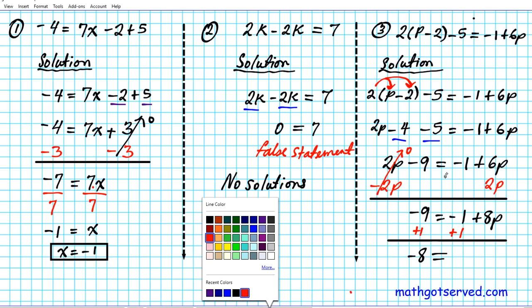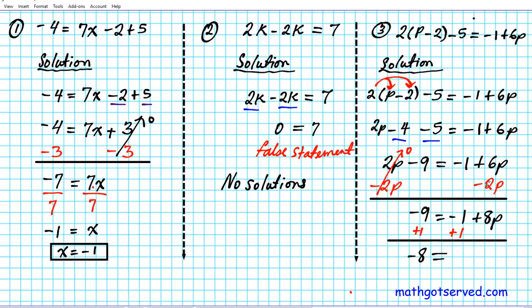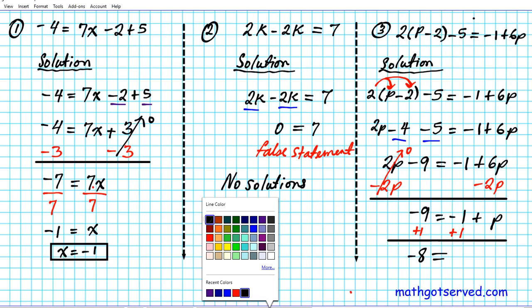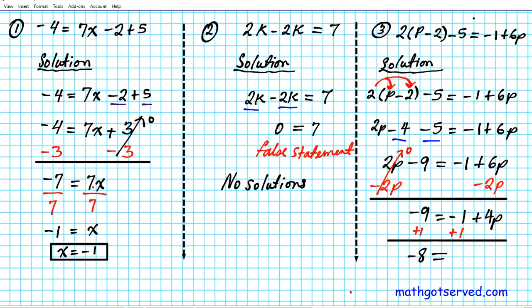This is supposed to be minus 2p. So we have 6p minus 2p. 6 minus 2 is 4. So let's change that to positive 4. All right, sorry about that. Okay, so that's 4p. Now we're going to add 1 to both sides of the equation. This adds up to 0. Okay, and then bring down the 4p.